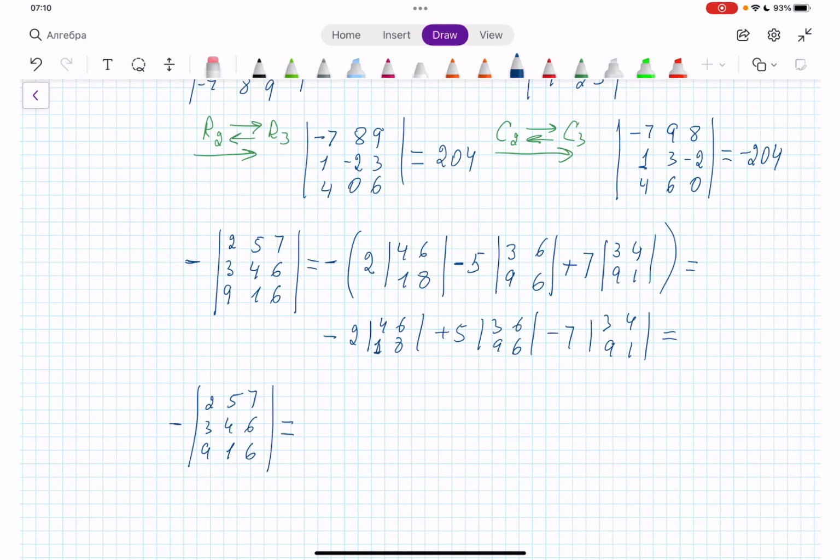It's going to be equal. I'm going to swap 2 rows or any 2 columns. So first row and second row. I'm going to swap first row and second row, which is going to be 3, 4, 6, 2, 5, 7, 9, 1, 6.